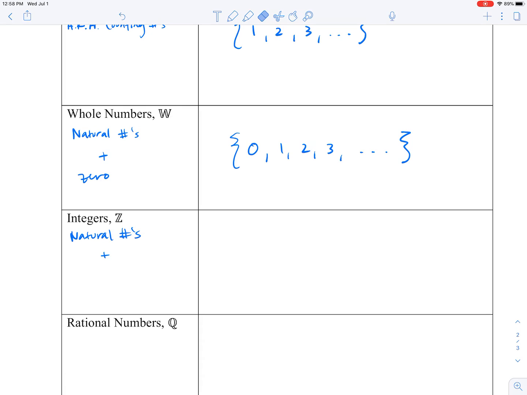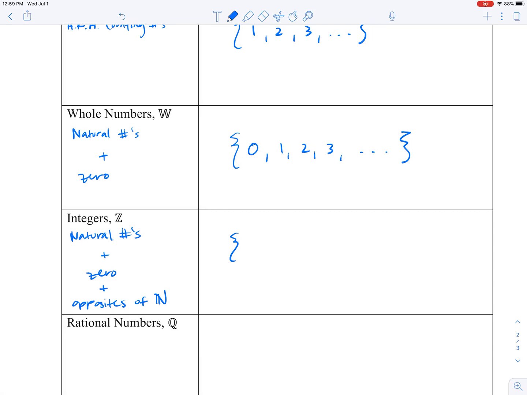The integers. The integers are all of the natural numbers plus 0, so all of the whole numbers, but then also the opposites of the natural numbers. I'm going to use the symbol for natural numbers, the fancy N. By opposite, what I mean is, 1, 2, 3, 4 are natural numbers.